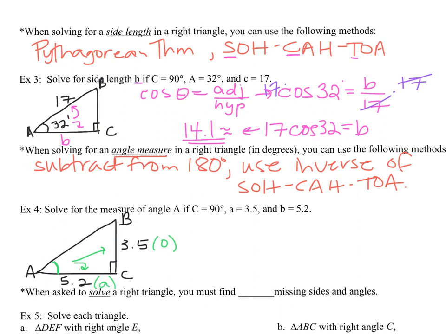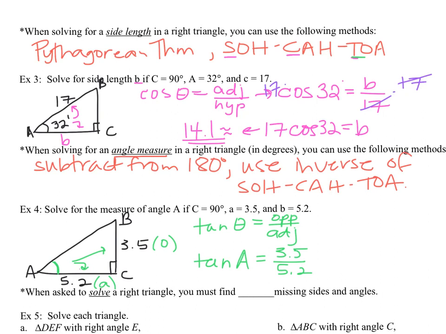Looking up at the top of our screen, now which trig function would make sense? We would use tangent. Tangent compares opposite over adjacent. So if we take tangent of theta equals opposite over adjacent and plug in what we know, everything but that theta, we would say tangent of angle A is equal to 3.5 over 5.2.